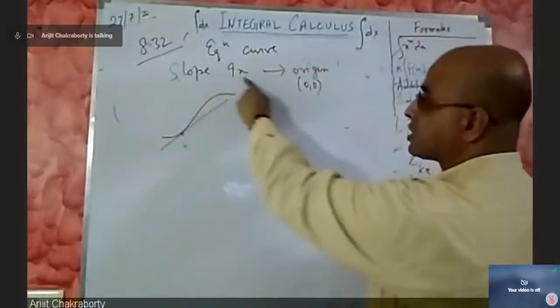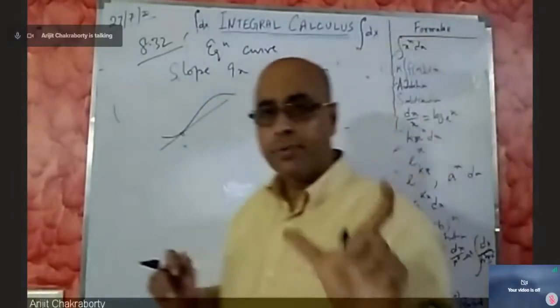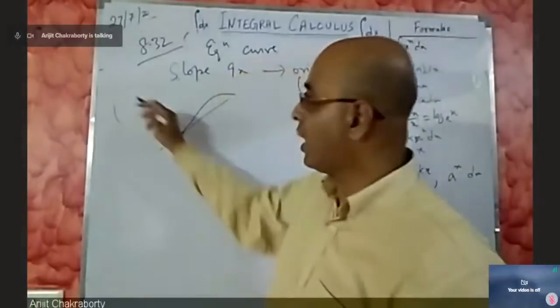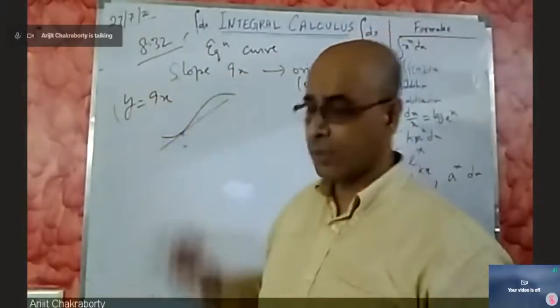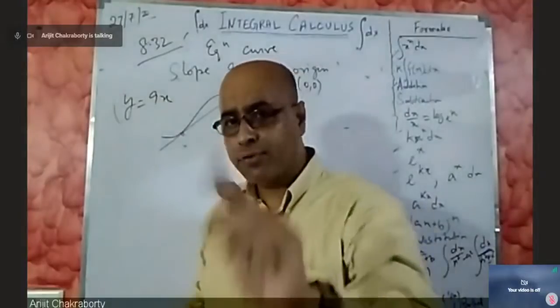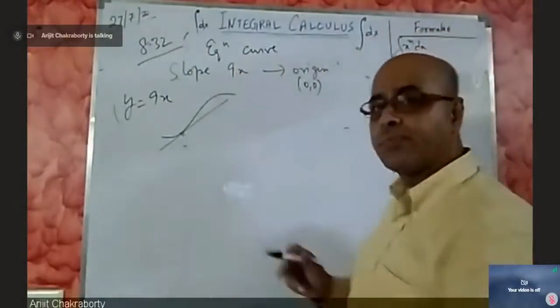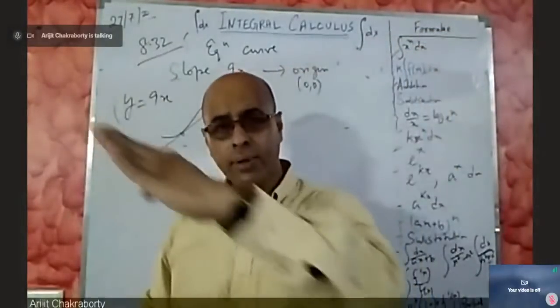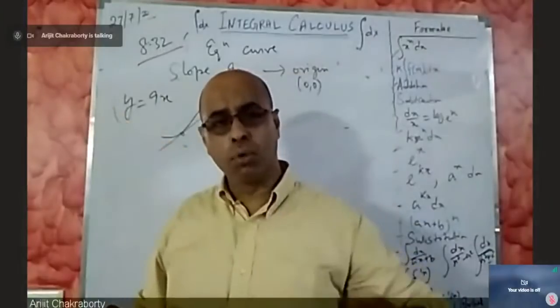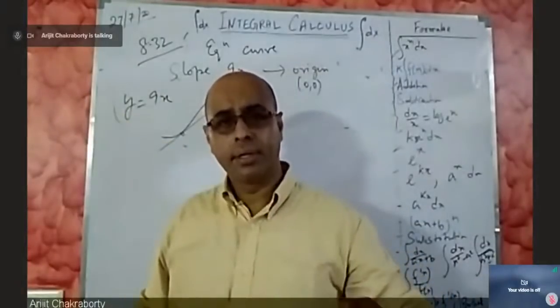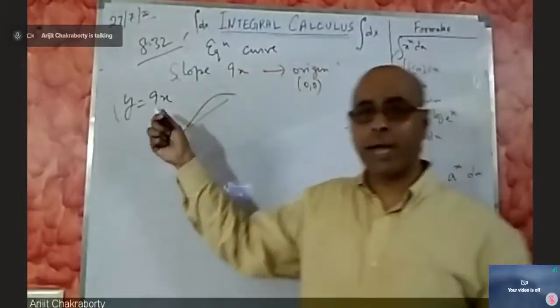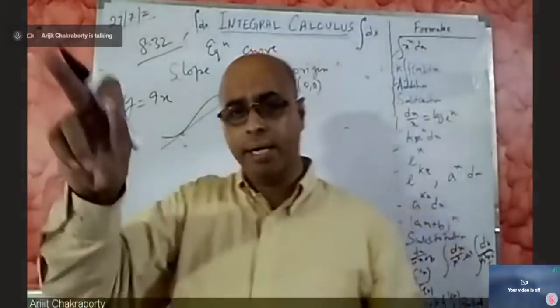Now, the slope is 9x. Very good. That means the equation is y equal to 9x. So I have to find out what is the equation of the curve. I know the equation of the tangent, the slope. So I have got a linear equation, y equal to 9x, a straight line equation.